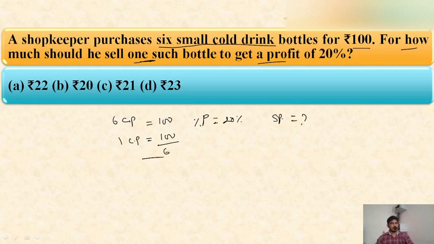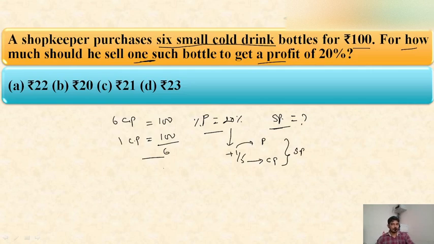So here we have the cost price, we have the profit percentage, and we need to find the selling price. This type of problem we already covered in the introduction part by considering different scenarios. This 20% in fraction form can be written as 1 by 5. The denominator part we take as the cost price and the numerator part we take as the profit, and if we combine these two values we get the selling price.